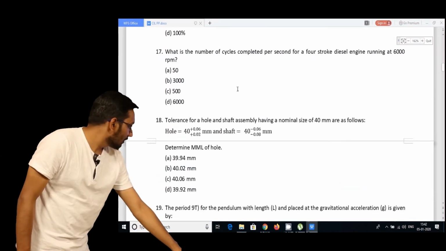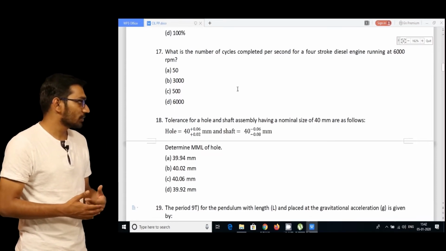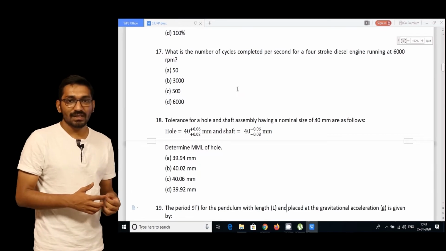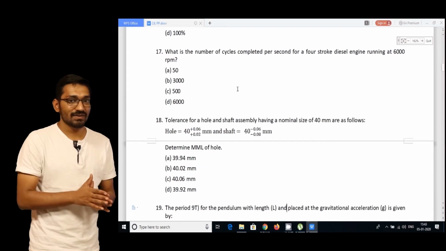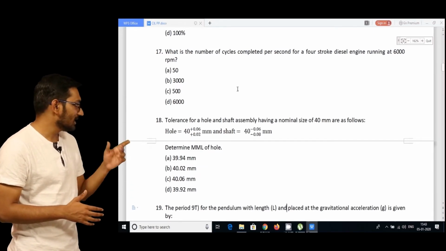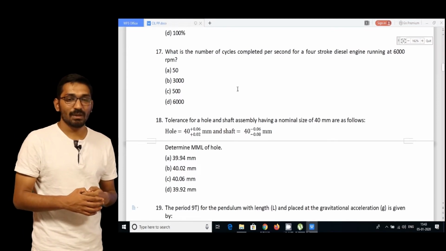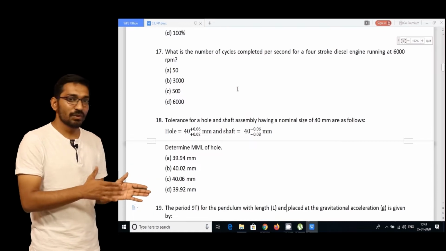Next is, what is the number of cycles completed per second for a 4-stroke diesel engine running at 6000 RPM? He is asking how many cycles are completed per second, and the RPM given is 6000, that is revolutions per minute. First of all, convert it into revolutions per second.